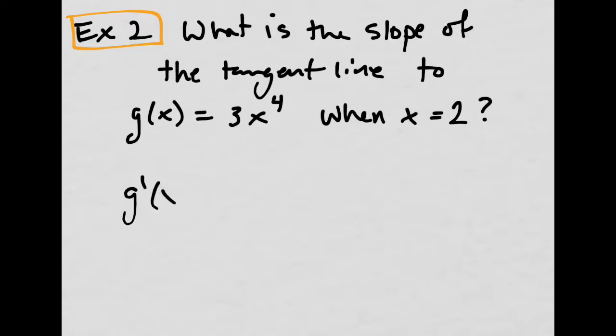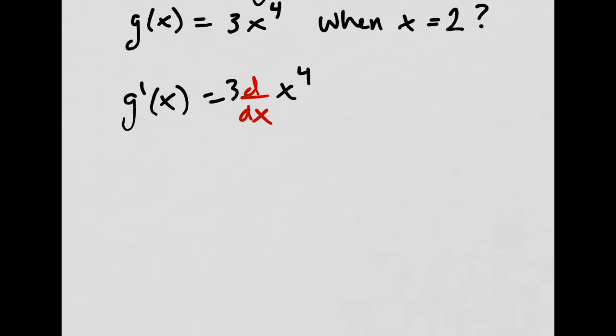g prime of x. Remember, if we are imagining the derivative operator d dx, we can take the 3 and move it out front. So maybe I should write that d dx with the 3 out front of x to the 4th. Well, that's pretty easy.